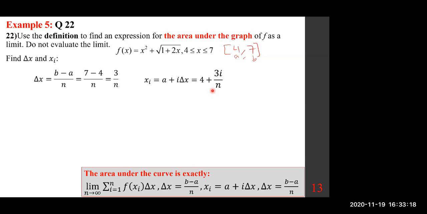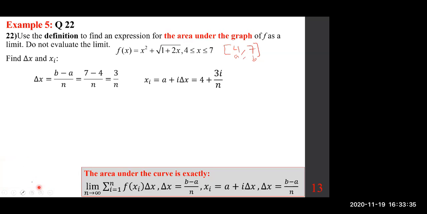So again, quick recap, look at what we have at the bottom. First find delta x, then find x sub i using a plus i delta x, and maybe I graph this for you one more time.